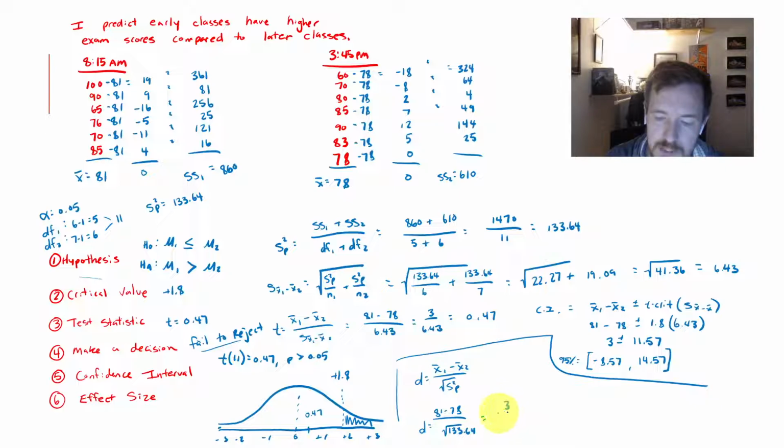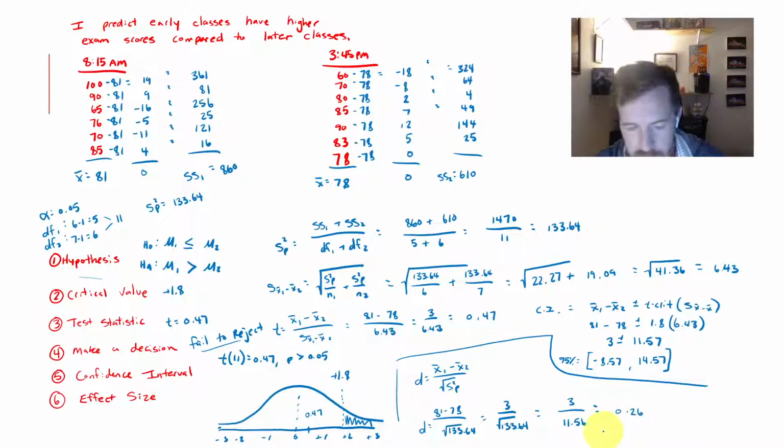It's going to be 3 divided by the square root of 133.64. Sorry, I'm just going to get the denominator first. It's going to be 11.56, which is going to be equal to 0.26 or somewhere thereabout.